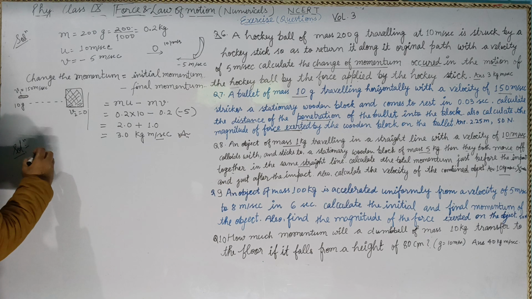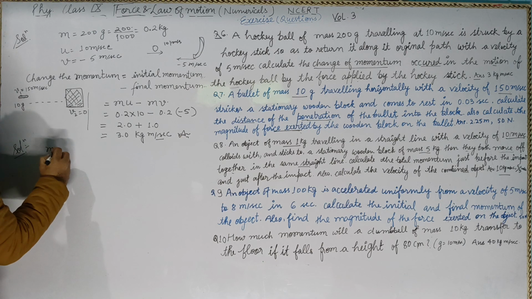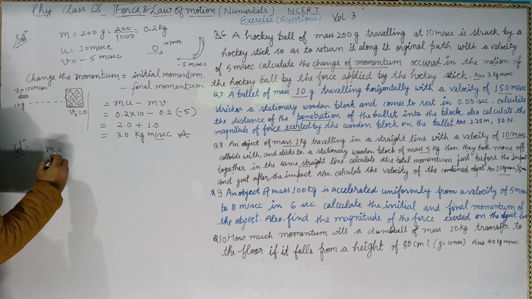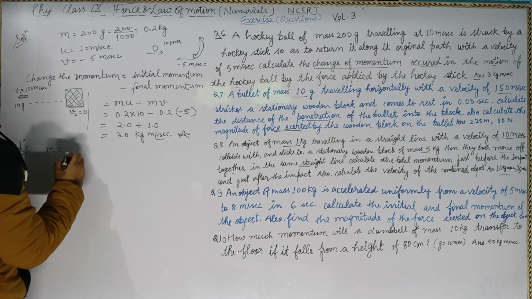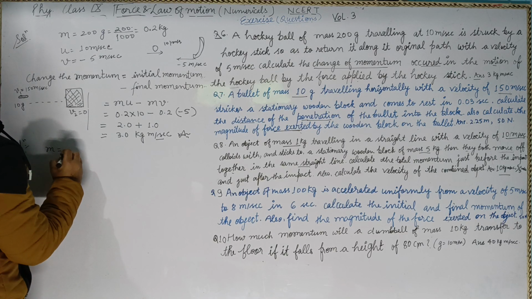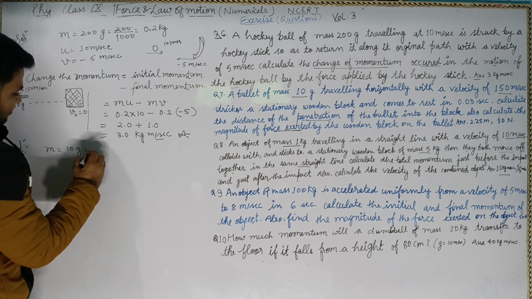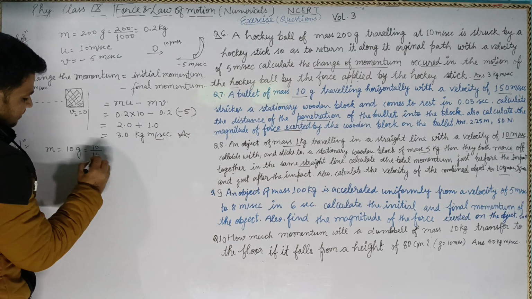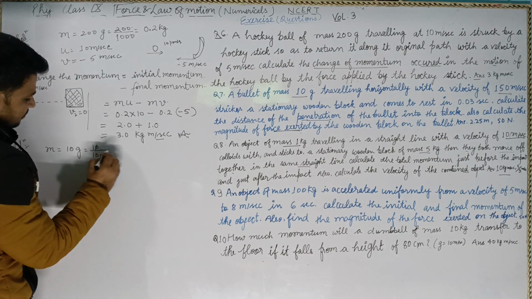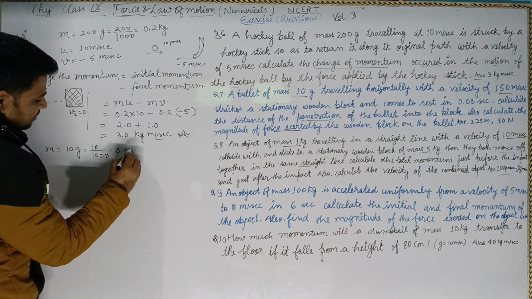So we write here the given values. Mass of bullet is 10 gram. We convert it into kilogram. 10 upon 1000 is equal to 0.01 kilogram.